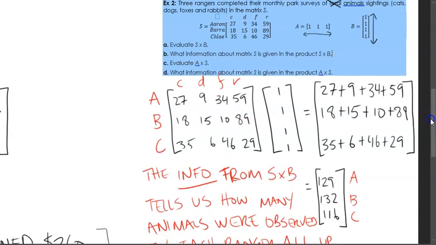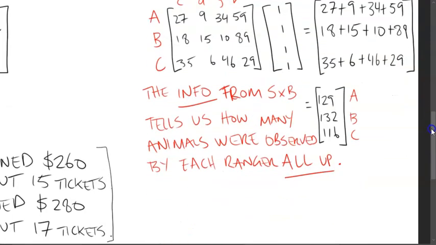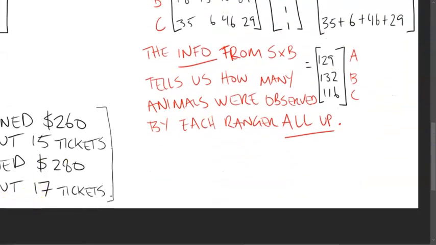So we're now going to do the same, but this time we're going to evaluate A by S. So it's not going to be S by A, because that won't work because of the order. We have to put A in front and continue with the matrix multiplication.